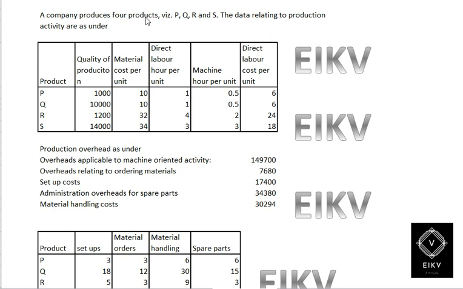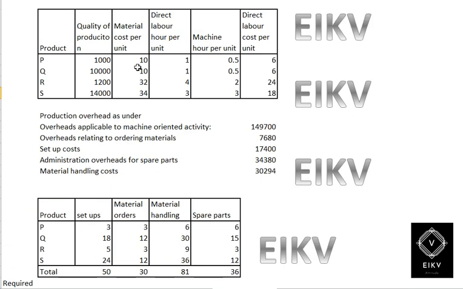This illustration: a company produces four products P, Q, R and S. The data related to production activity are as under. The table contains product P, Q, R and S. Then we have quantity of production 1000, 10,000, 1200 and 15,000.